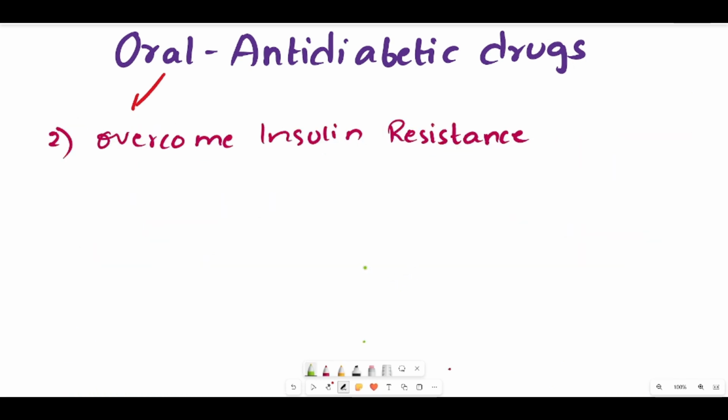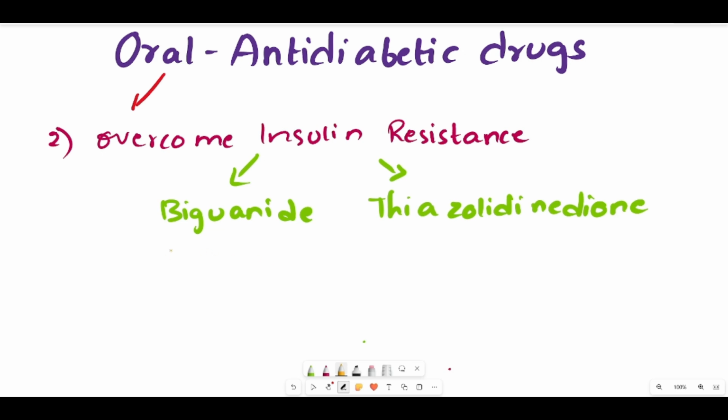Now the second class is the drugs which are useful for overcoming insulin resistance. They are divided into two simple classes. One is biguanides and the other one is thiazolidinediones. Just remember that biguanides are AMPK activators, whereas thiazolidinediones are PPAR gamma activators.